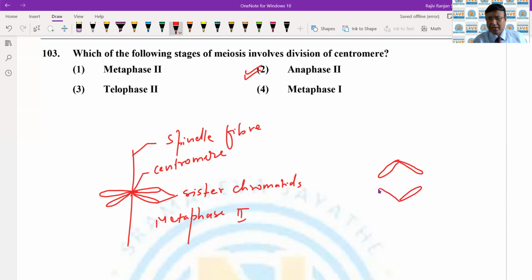They pull apart the sister chromatids, and this leads to a split of the centromere and subsequent movement of the sister chromatids to the opposite poles. So this is anaphase 2. In telophase 2, these chromatids reach the poles, and there is already a split of the centromere. In metaphase 1, the chromosomes in pairs come upon the equatorial plate like this.